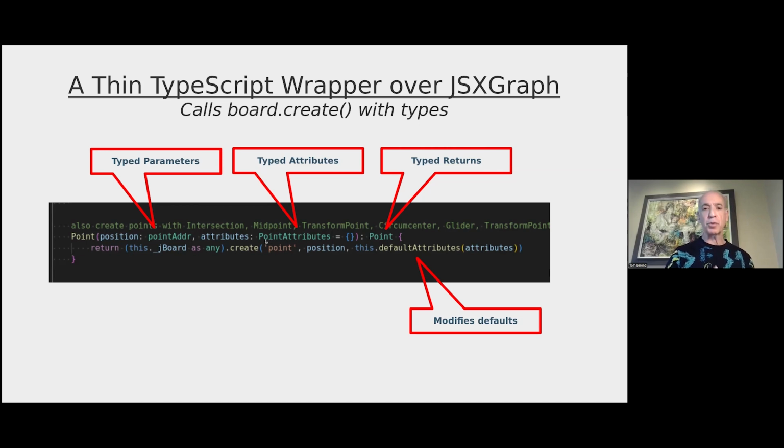The attributes for point are not the same as the attributes for line. When I create a point, I have a typed return. VSCode now knows that whatever I assign the point to is of type point. And as a bonus, I got to modify the defaults a little bit. I'll talk about that a little later.